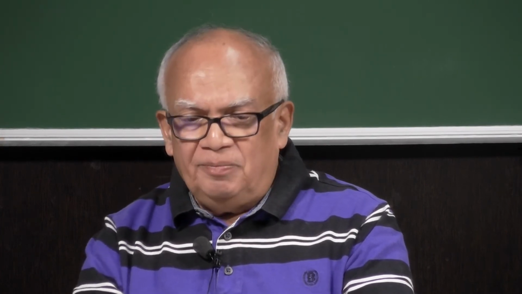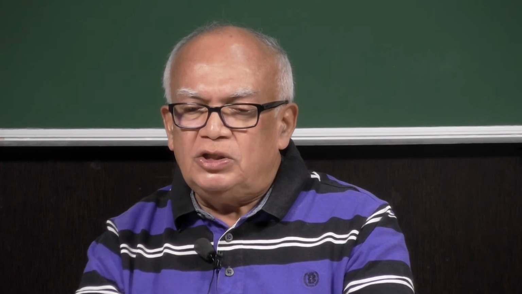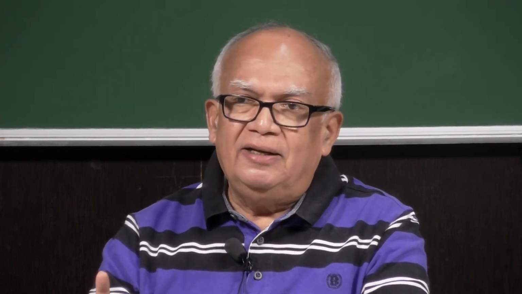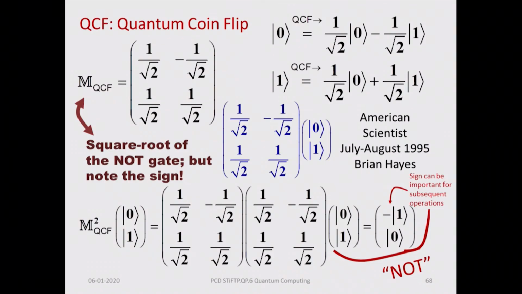It is not very exact, because there is a minus sign which is coming here, mind you, but the term square root of the NOT gate is used, and this is very nicely discussed in a paper in American Scientist by Brian Hayes. So some of these terms are used, but they are not to be taken literally. You have to understand the context in which these terms are used and what sense they are communicating. So this is the square root of the NOT gate.